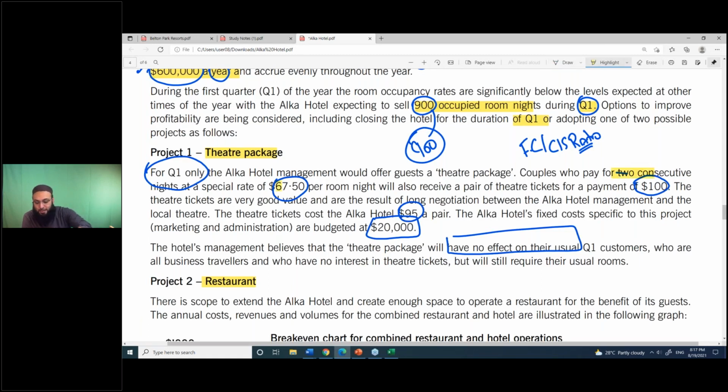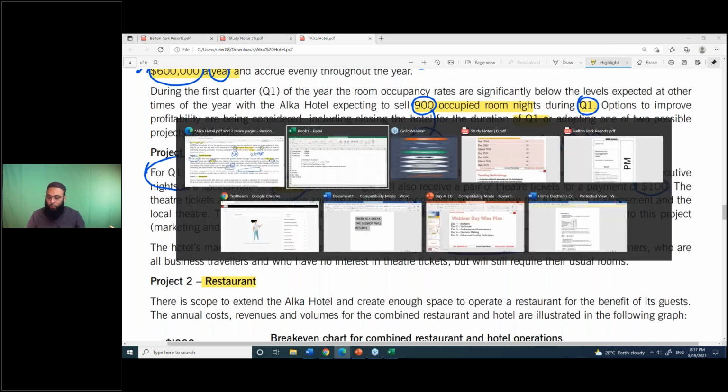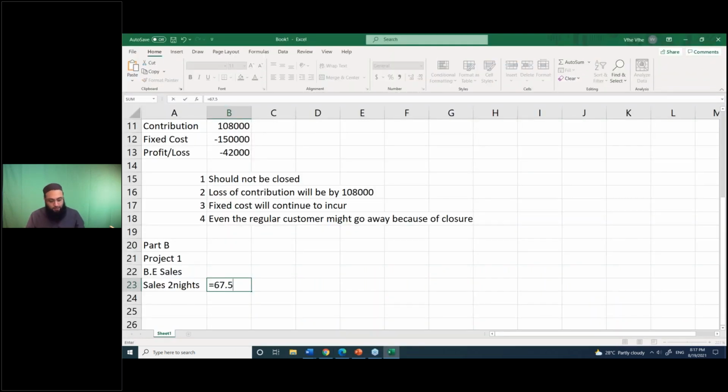So they pay 67.5. Okay, so what I'll do is that 67.5 multiplied by 2. This will give me the sales for 2 nights, right? So that's 135. Okay. Then sales value that I will get through the tickets. Okay.